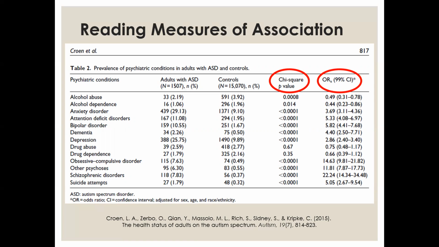So they're looking at the co-occurrence of 2 things, right? They're looking at adults with autism spectrum disorder and controls. And then they're looking at both of these groups and they want to see, okay, in these 2 groups, what's the risk or the exposure or the likelihood?